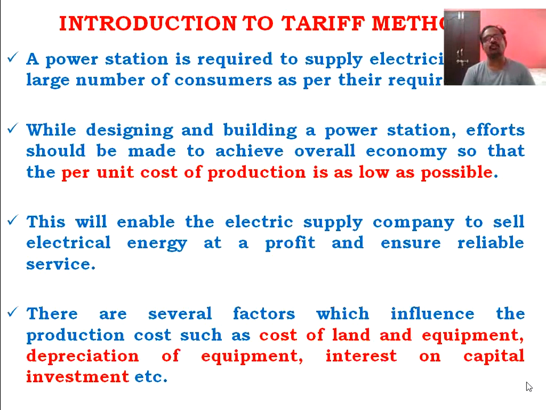There are two more parameters, interest and depreciation. All these we have to take into account while calculating the per unit cost of electricity. Now let's talk more about depreciation and interest.